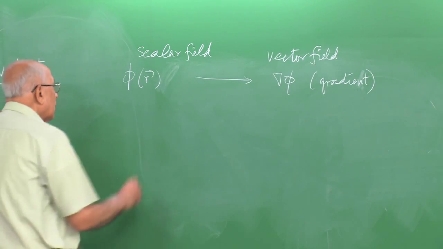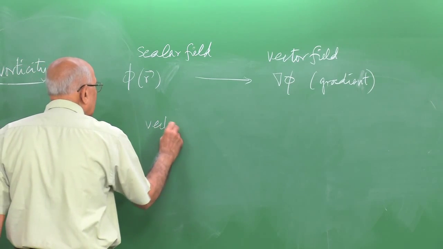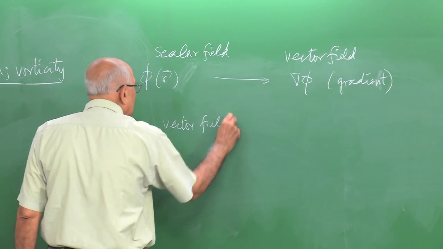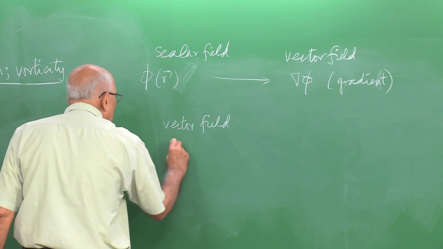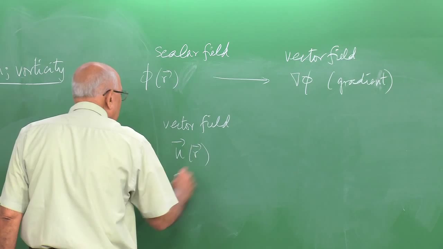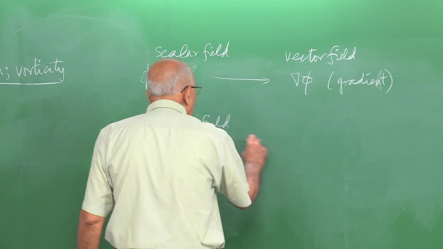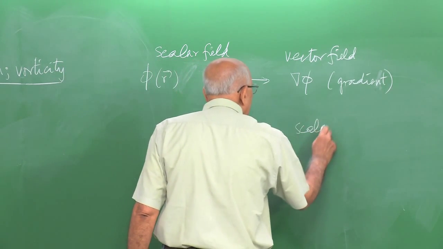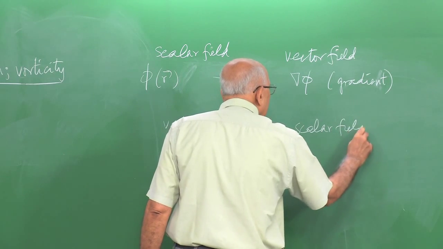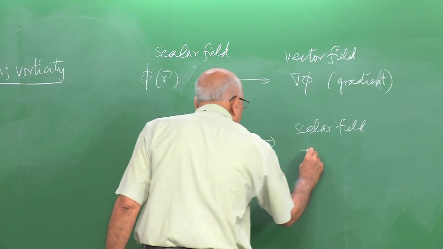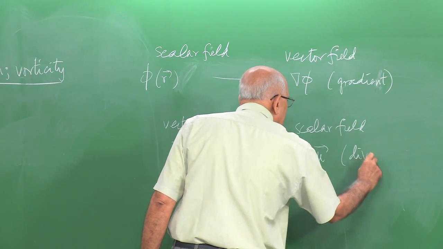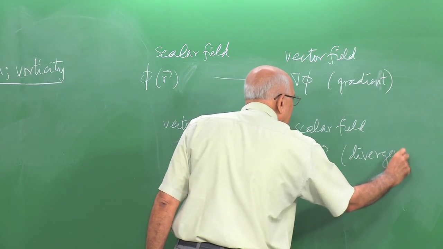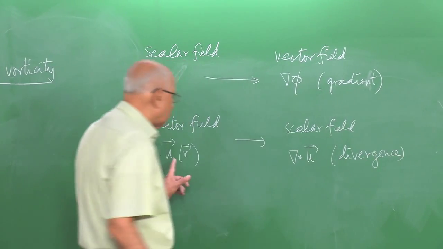We have also seen that if you give me a vector field, let us say some u of r for instance, from here we can form a scalar field which is the divergence del dot u, the divergence of this vector field here.